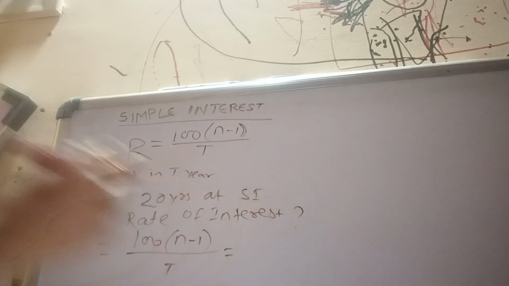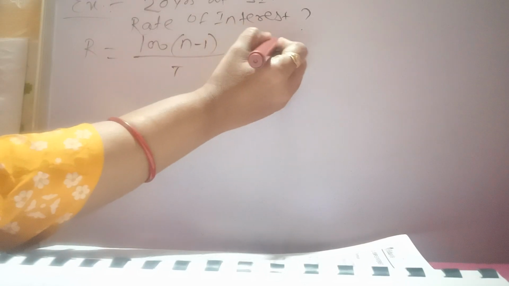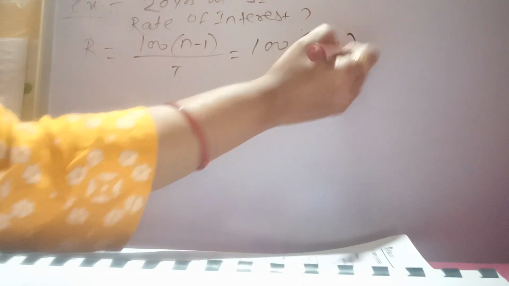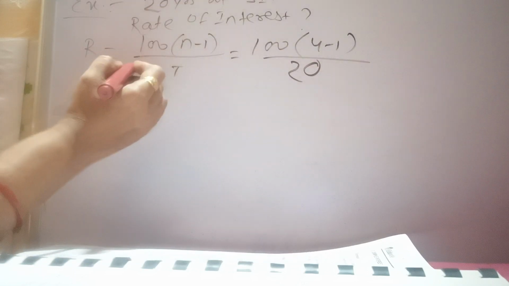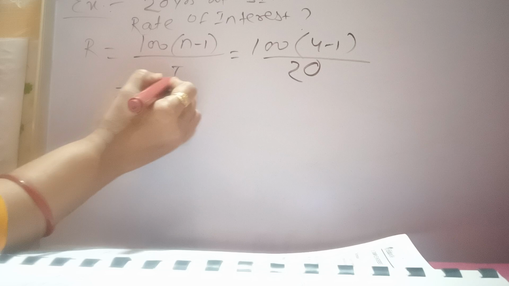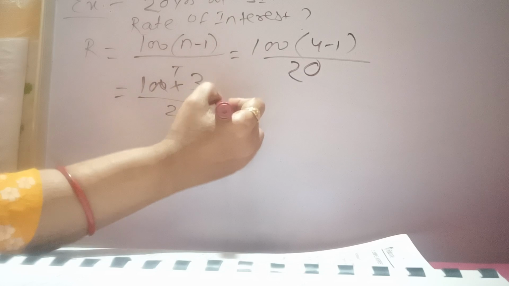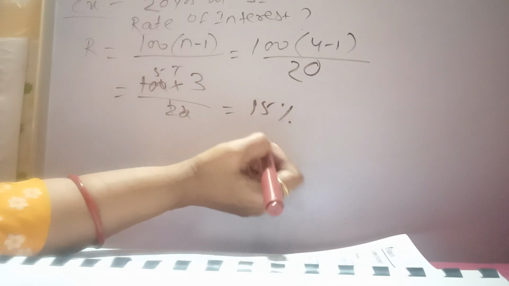So here n is 4, minus 1, divided by t, which is 20 years. R equals 100 into 3 divided by 20. Zeros cancel, 5 into 3 is 15%. This is the answer.